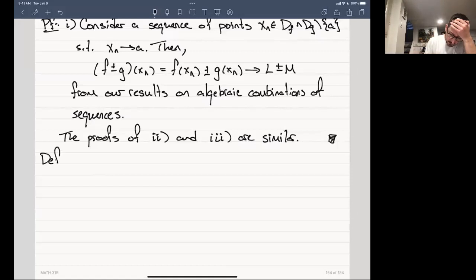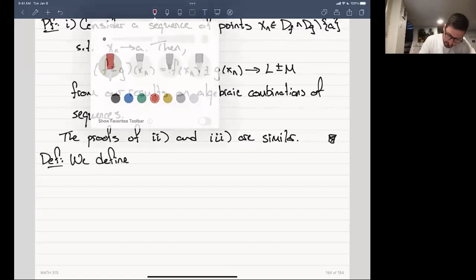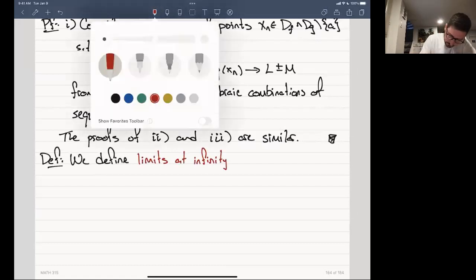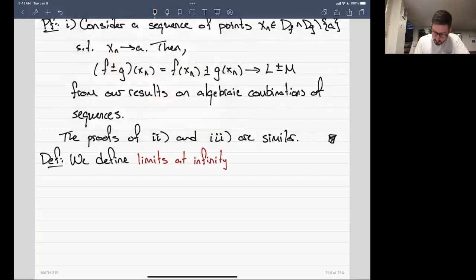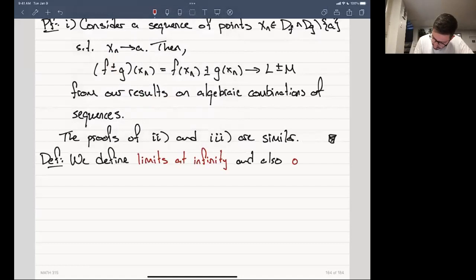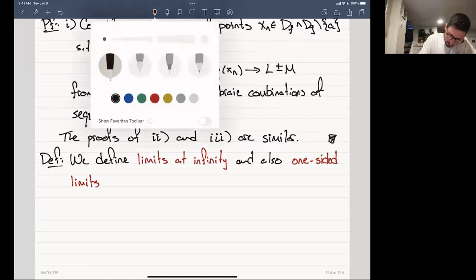So let's just get ourselves a nice formal definition here. So we define limits at infinity and also, so let's put this in red, one-sided limits as follows.